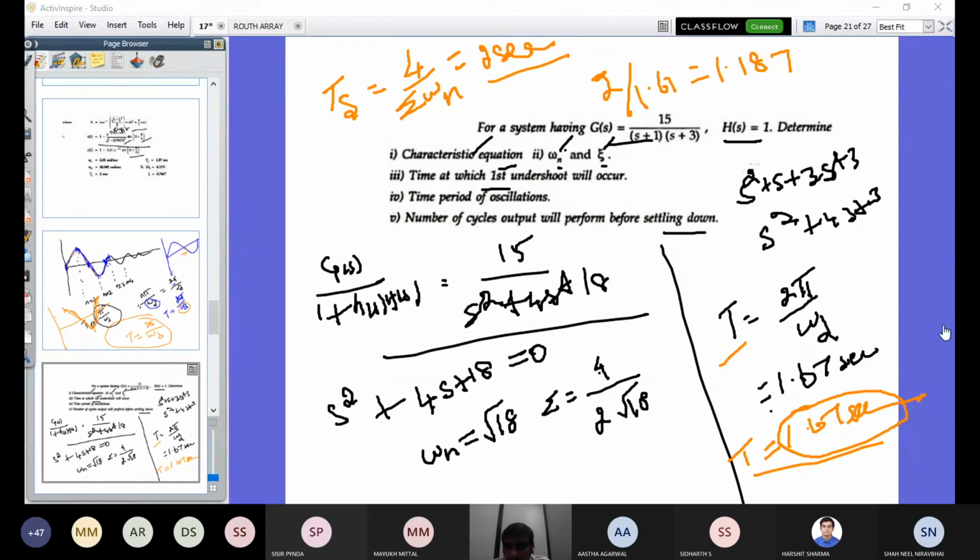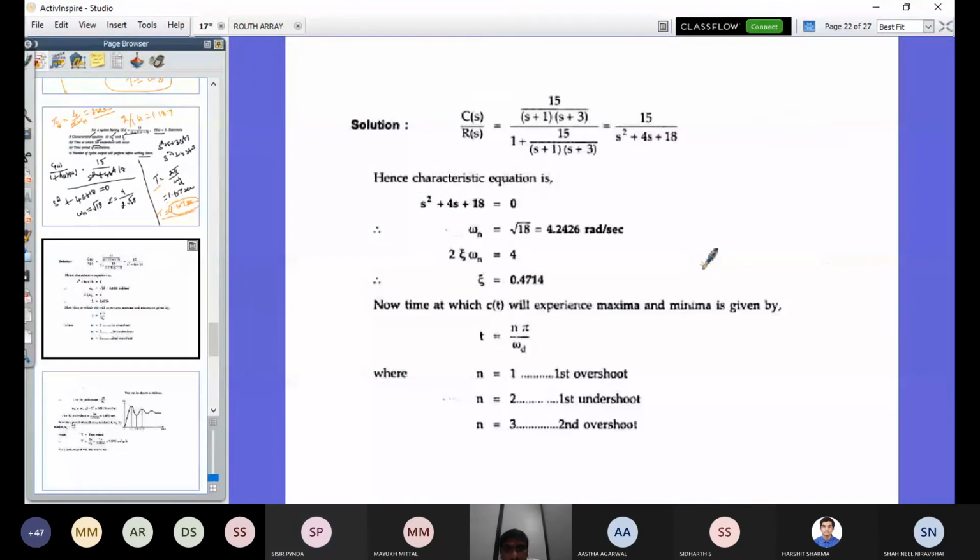Prasanna Kumar. Rajat Diwari. Absent. I will mark all the people. See that answers.